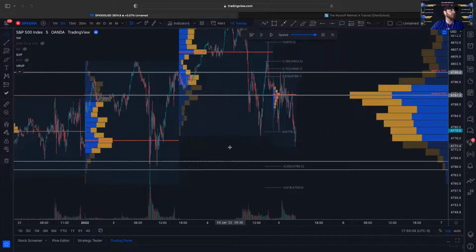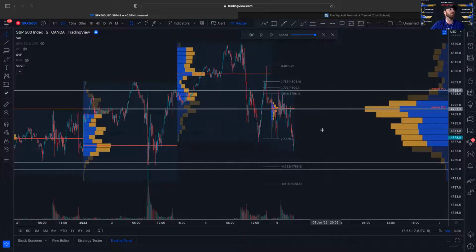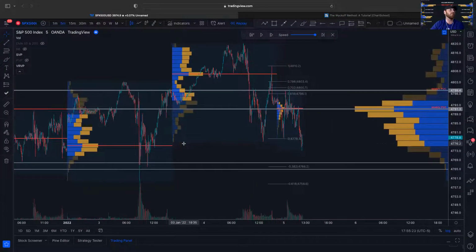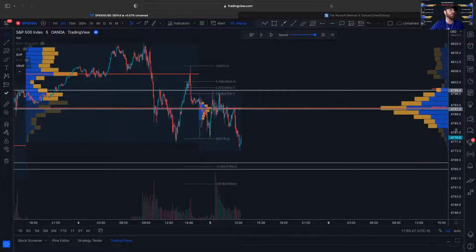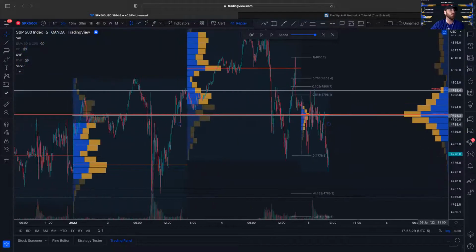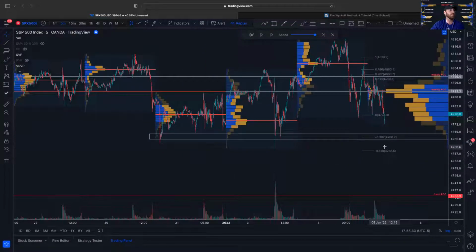And I'm going to delete it actually, because I'm only really interested in the weekly and the monthly POCs for zones. These work for targets, definitely. They can work for zones as well. But like I said, I'm looking more at the bigger ones. So we're getting close to this level where we're looking for it to fall out fast.